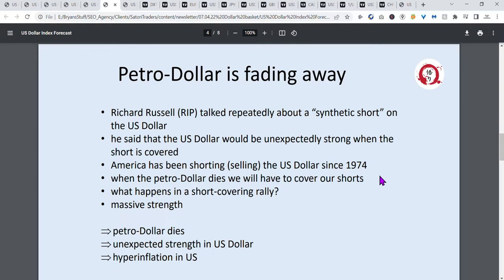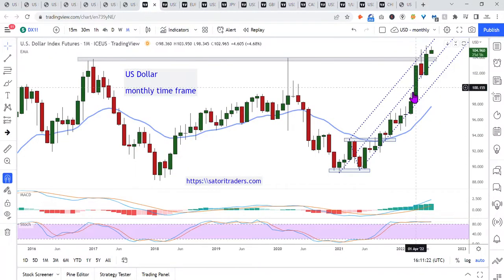We'll see the chart here in a minute. So anyway, 120 would be a big move for the US dollar. And again, Richard talked about this unexpected strength when we had to cover that synthetic short. So, petrodollar dying, unexpected strength, hyperinflation. Those are key ideas about what could be going on in the current transition that I believe we're in.